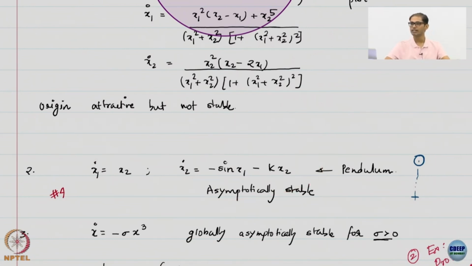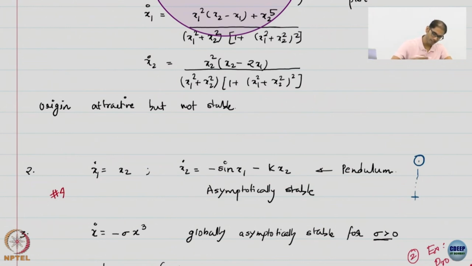How I would get stability is by linearizing. x2 dot is minus x1 minus k x2; near x1 equal to 0, this becomes x1 dot is x2, x2 dot is minus x1 minus k x2.